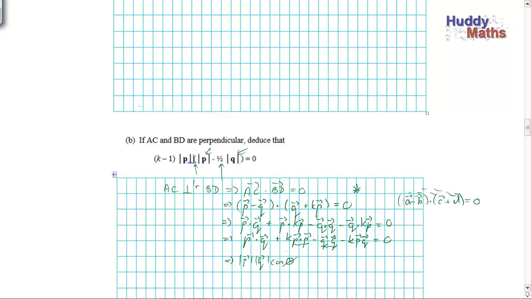But the angle is 60 degrees, equilateral triangle. 3 angles, each 60. So the dot product of P with P is length of P squared, length of Q squared, Q dot Q, take K by length of P, length of Q by a half, cos of 60.